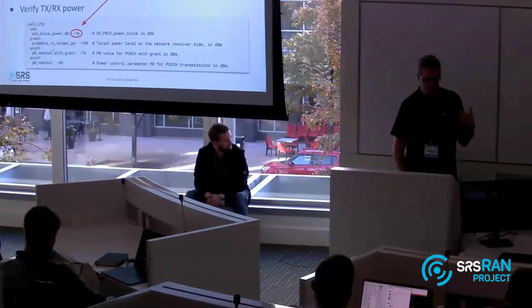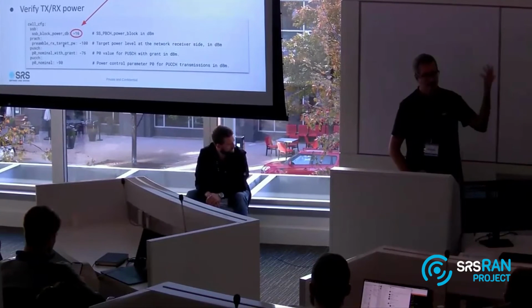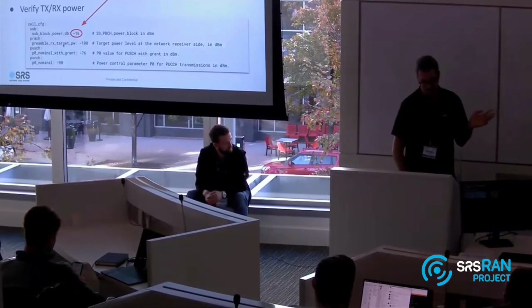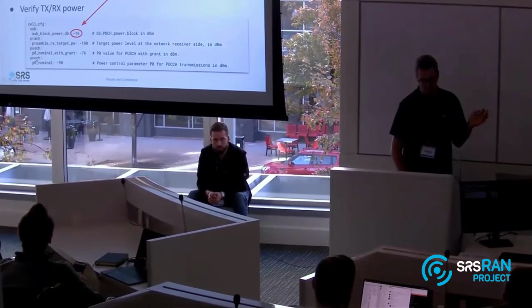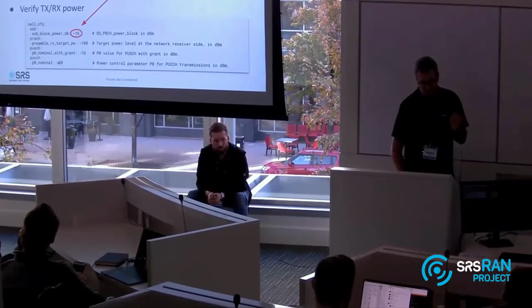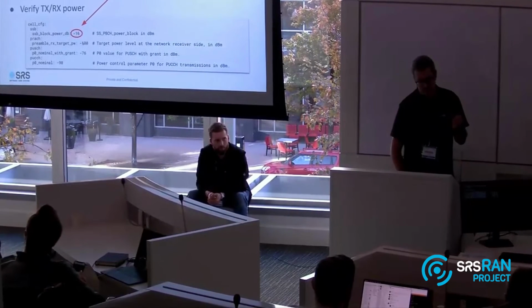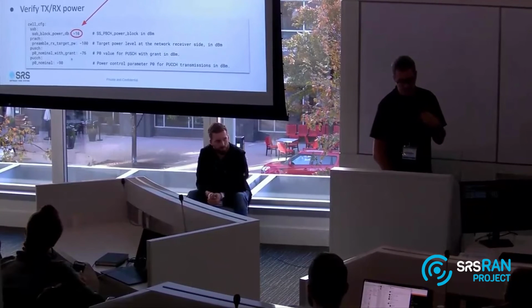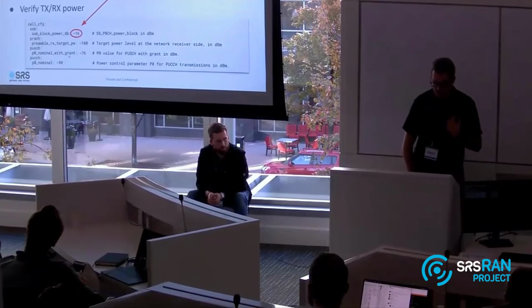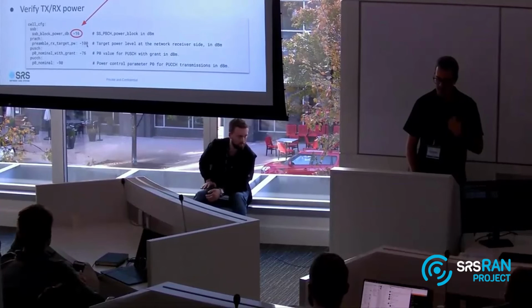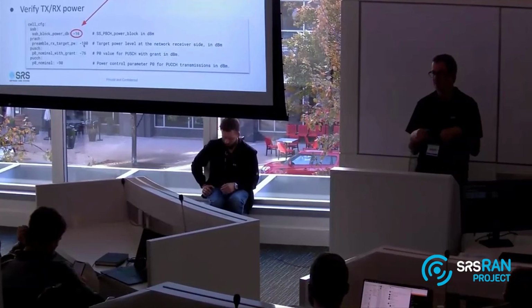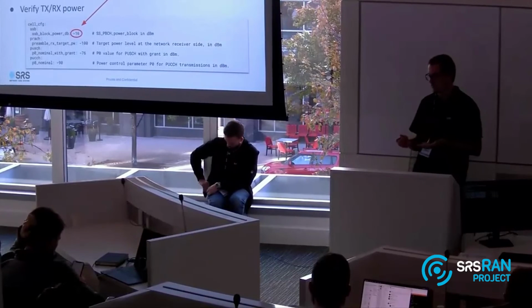Then the gNB also tells the UE what power it should aim at for all the transmit signals, for the PRACH, for the PUSCH, and for the PUCCH. These are the powers that we want to receive the signal in dBm. So if we say that we want to receive the PRACH with -100 and the path loss is 60, the UE will transmit that at -40.